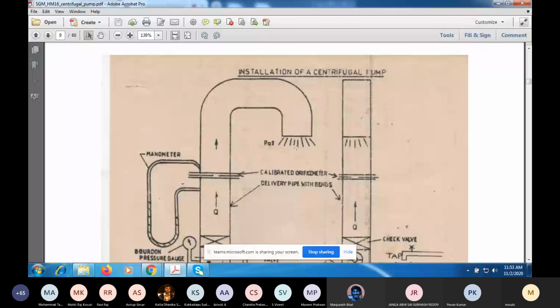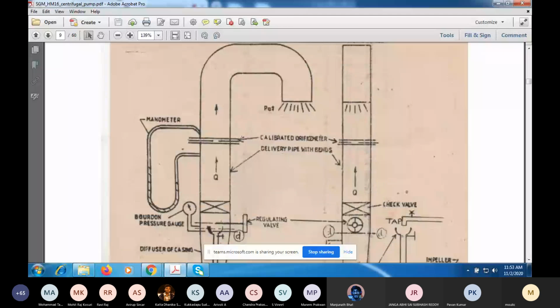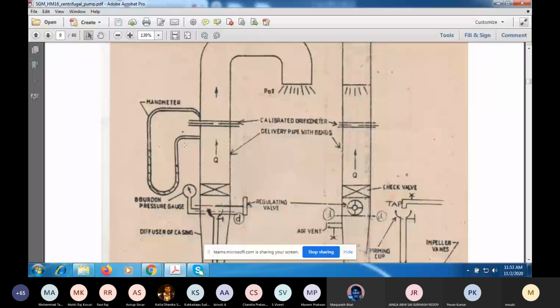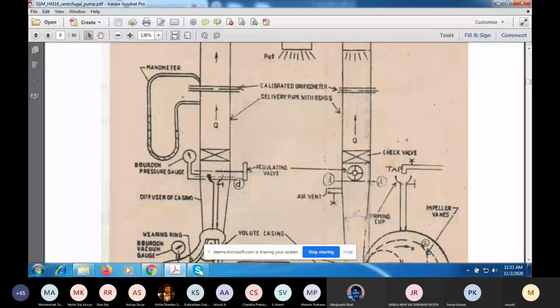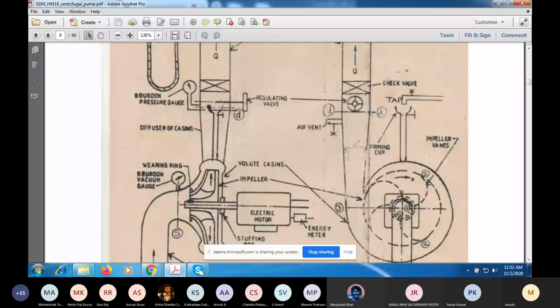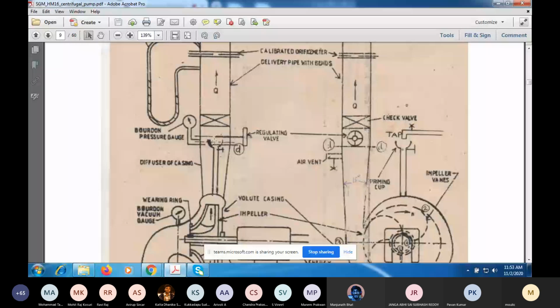If in an experiment you want to measure the flow rate, you can have an orifice meter here, an E2 manometer here, and if you want to measure pressures, you can put a Bourdon gauge here at the inlet of the pump and another Bourdon gauge at the outlet of the pump. And you may have a flow controlling valve or regulating valve, which I have shown here symbolically. This is the throttle valve.